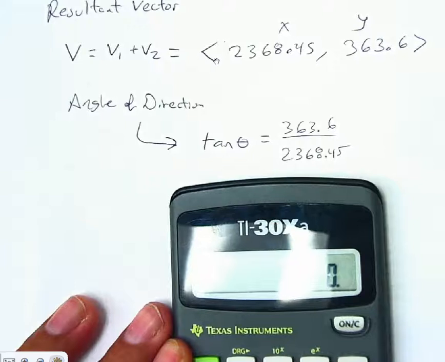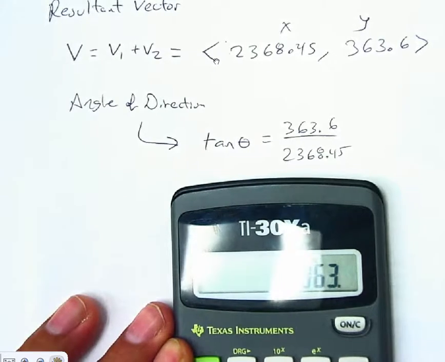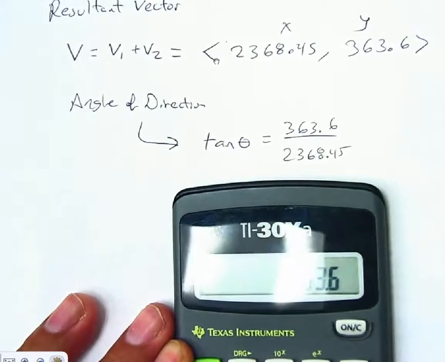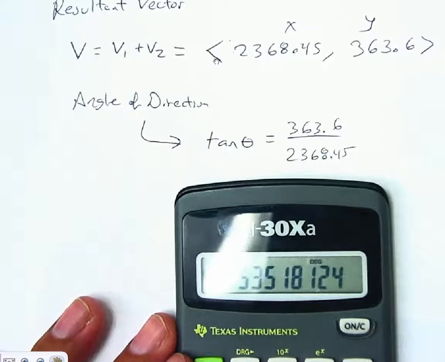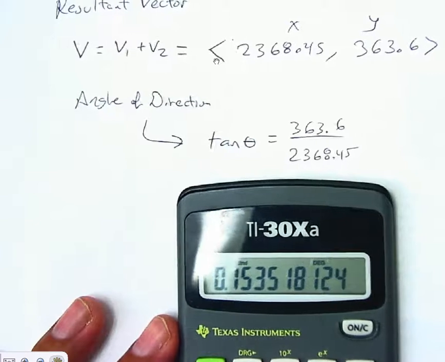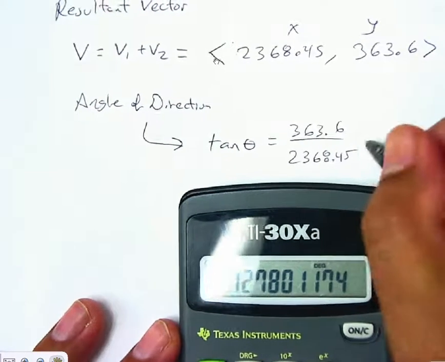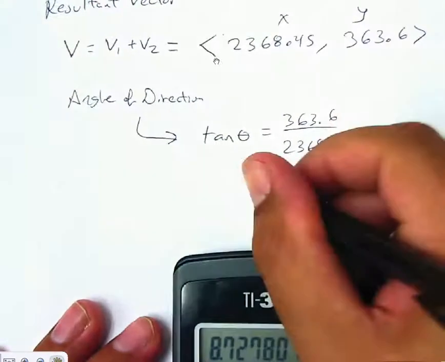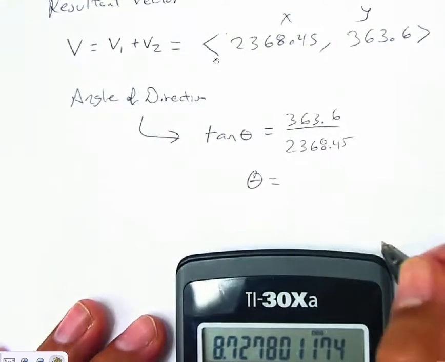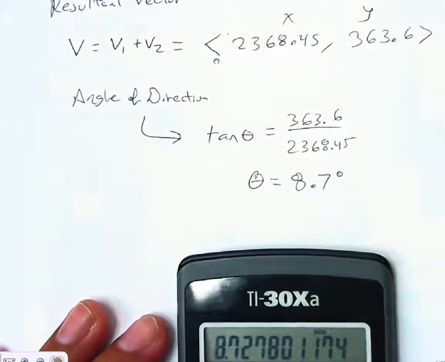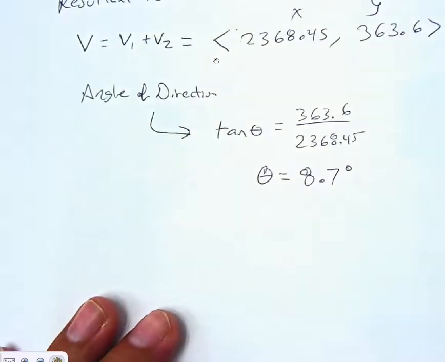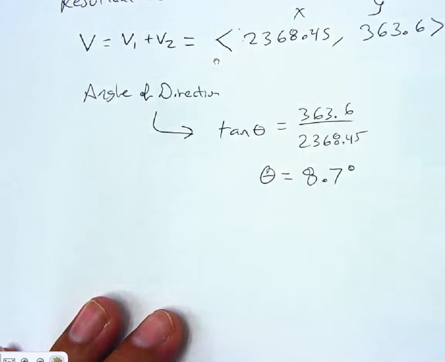We get 363.6 divided by 2368.45. Hit equal to get a decimal, and then we do tangent inverse, and we get that theta, or the angle of direction, is approximately 8.7 degrees. Okay, well, that is one of the answers to one of the questions.